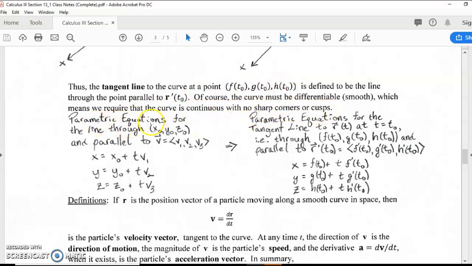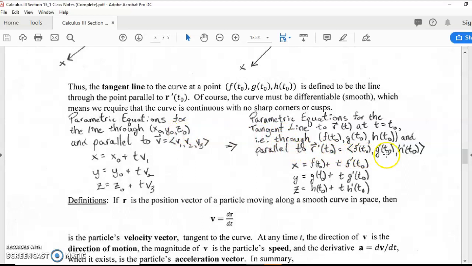So what are the parametric equations for any line through the point x naught, y naught, z naught, and parallel to the vector v, which has components v1, v2, v3? We recall what they are. So what are the parametric equations for the tangent line to r of t at t equals t naught? In other words, through the point f of t naught, g of t naught, h of t naught, which is like x naught, y naught, z naught, and parallel to r prime of t naught.